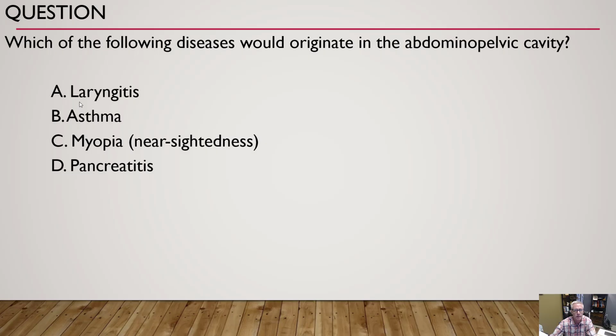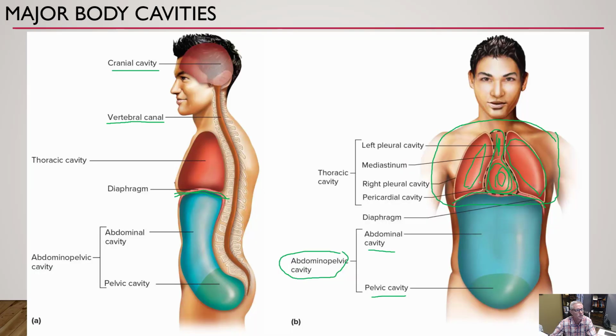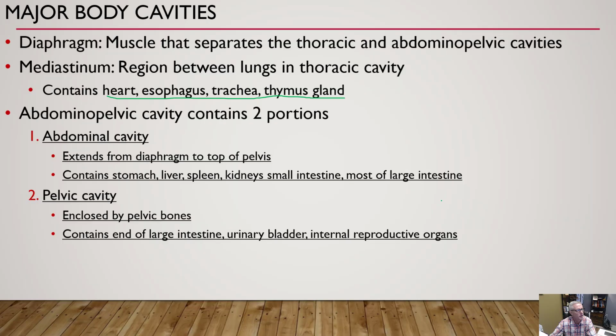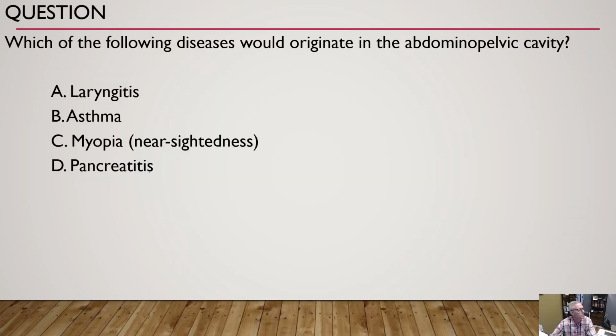You have trouble speaking. Asthma is a lung condition. Myopia, nearsightedness, or pancreatitis. Pancreatitis, your pancreas would actually lie more right here. So we're going to go with pancreas. So pancreas would be our answer.